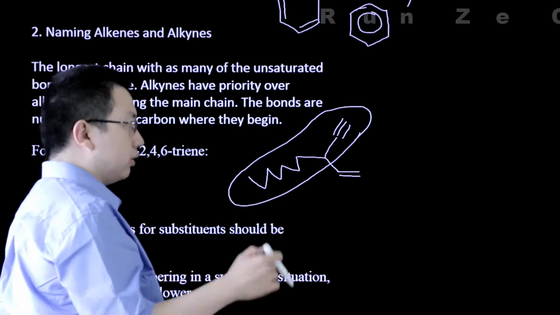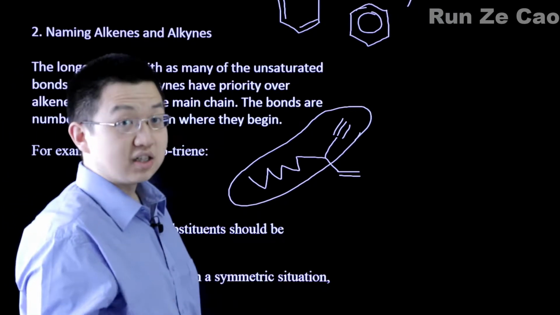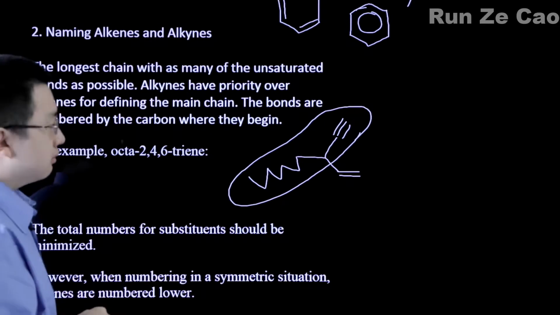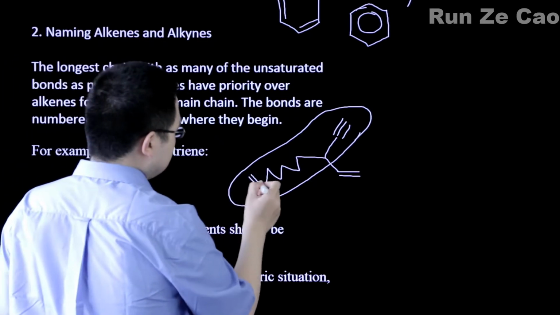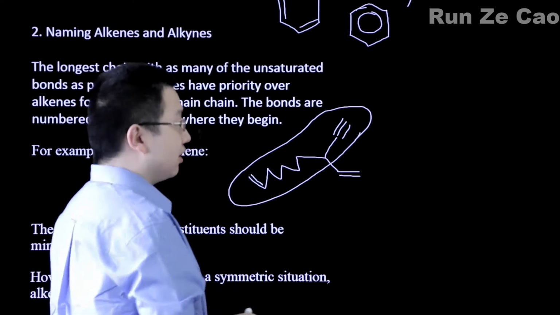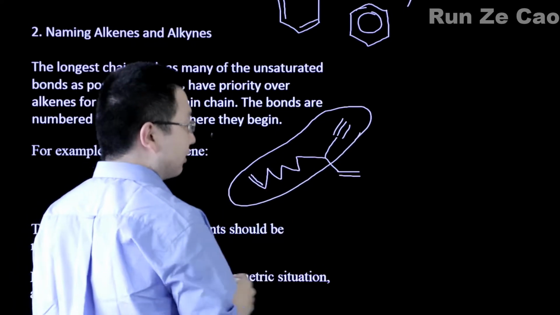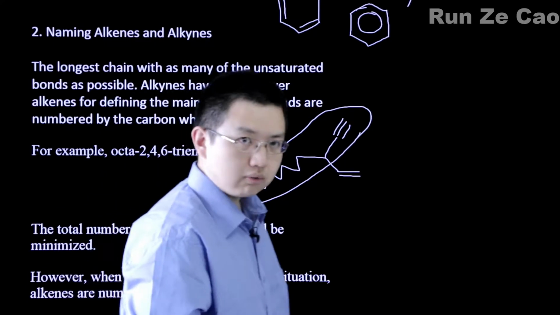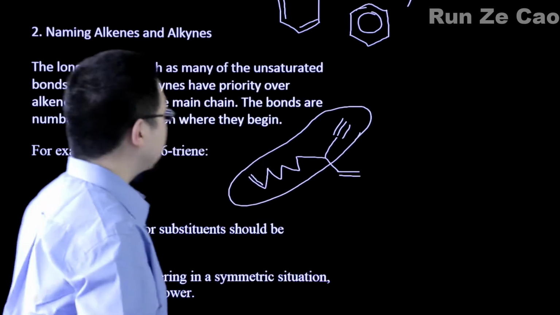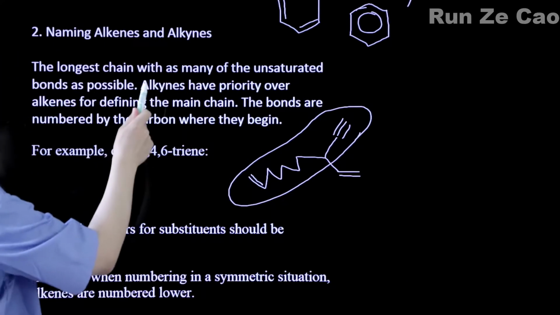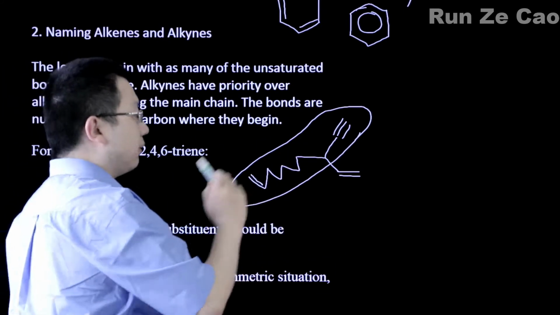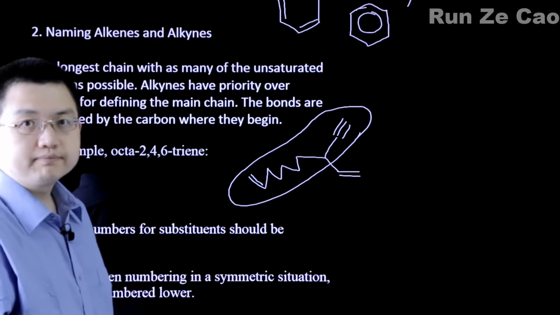However, we note that when you actually number these things, it's a little bit interesting. Oh, yes, we need to mark down enough bonds so that this chain is still counted instead of going this way and having this whole thing be a substituent. Why? Because we are supposed to have the longest chain we can have that encompasses as many of the double and triple bonds as possible.